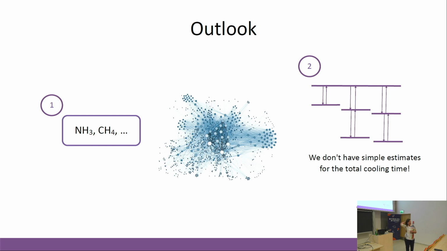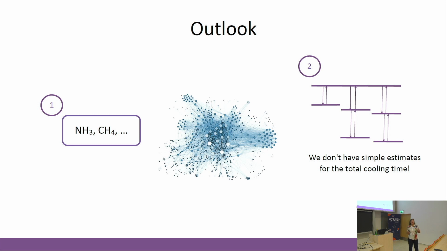But the other outlook is a much more fundamental limitation. To look for all those subgraphs, we need to have a simple way of estimating cooling time. In theory, there is nothing that would stop us from looking for very complex cooling schemes, like multi-level ones.